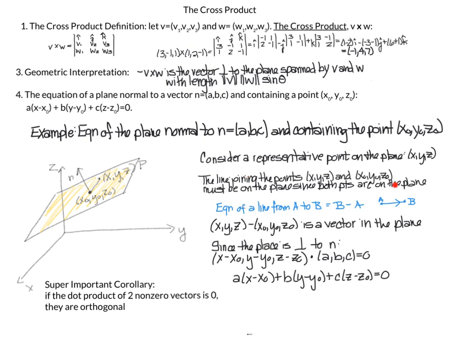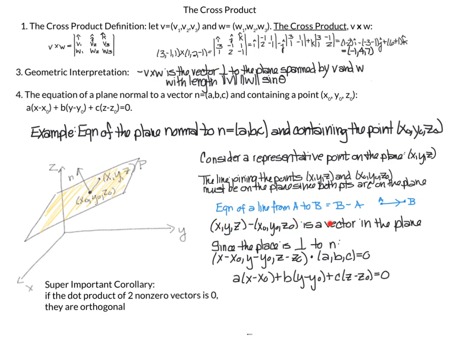Also, just to review, the equation of a line from point A to point B, so there is a direction associated with this, from A to B is B minus A. So here I have the equation of the line from point x naught, y naught, z naught to x, y, z.